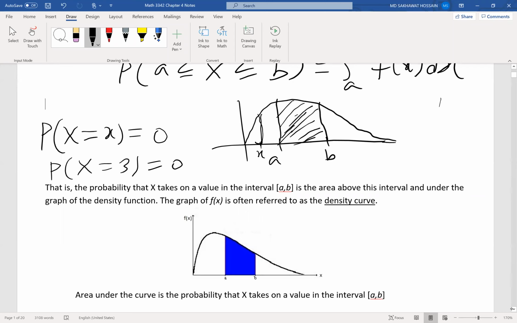It doesn't have any area. For example, if you consider another density curve and a certain point, suppose this is x, the area of this line is 0, right? Because the line has length, but it doesn't have any width. You can calculate the area, but the area is 0. So that's why the probability is 0.